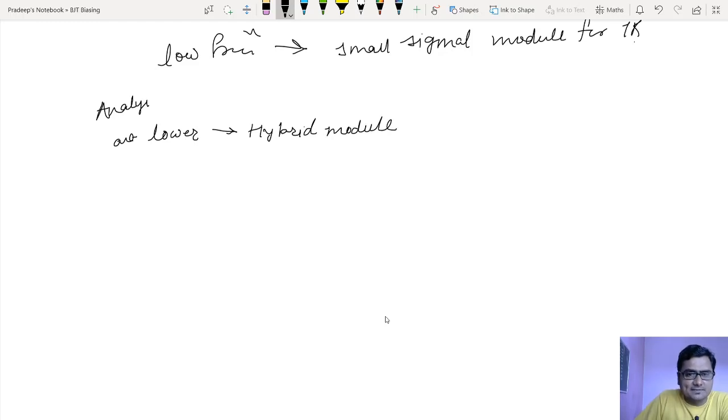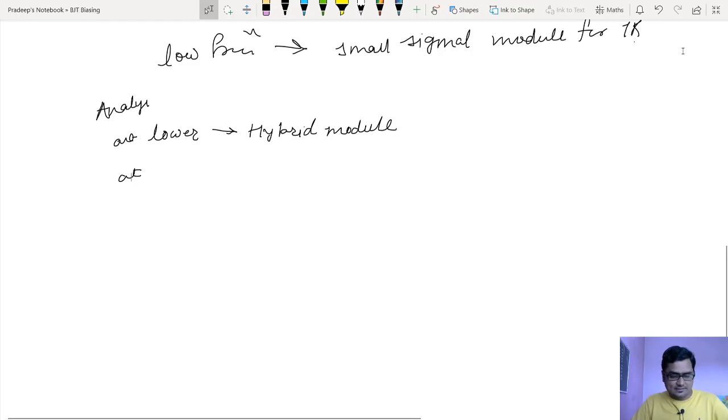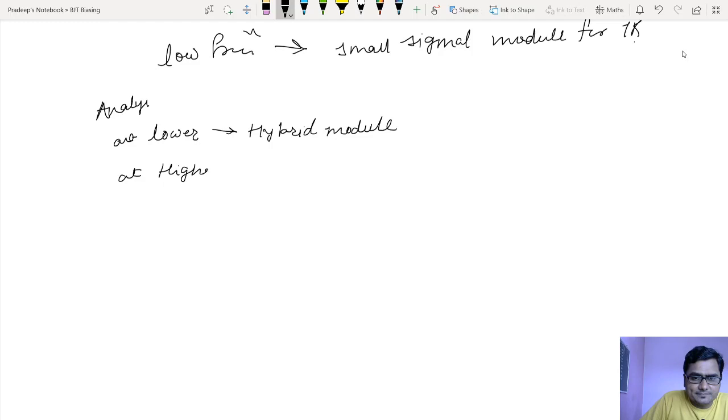And at higher frequencies, the model which is used to analyze the BJT amplifier is the pi model. In this voltage amplifier topic, we will discuss lower frequency analysis, that is, we will use the hybrid model. And when we go into the higher frequencies, then we have to use this pi model.